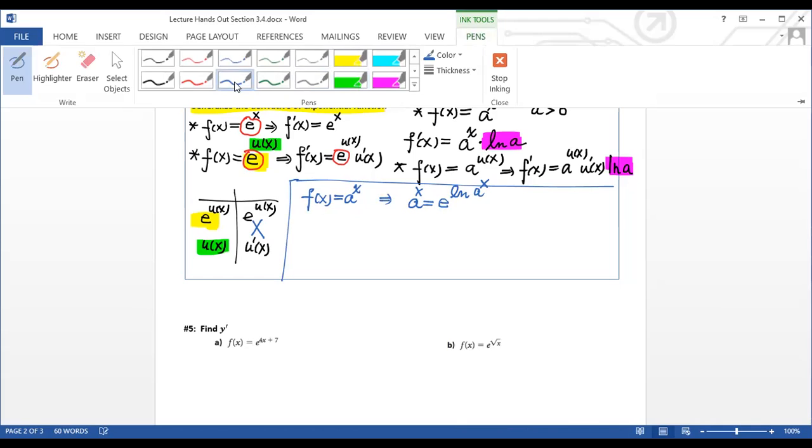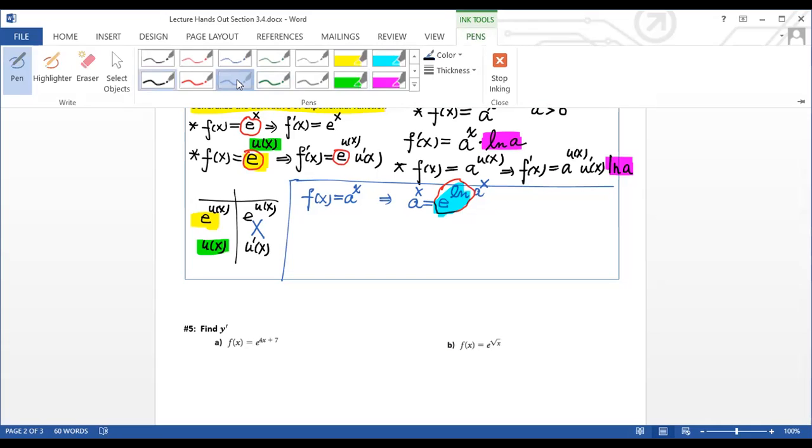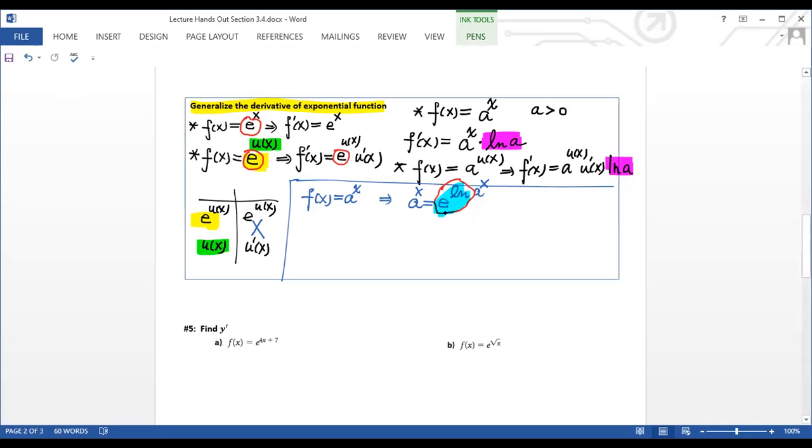Because the e and the natural log are inverse functions, so you can treat these two as canceling each other out. That's why you have a to the x equal to a to the x. So I can write it as e to the natural log of a to the x.